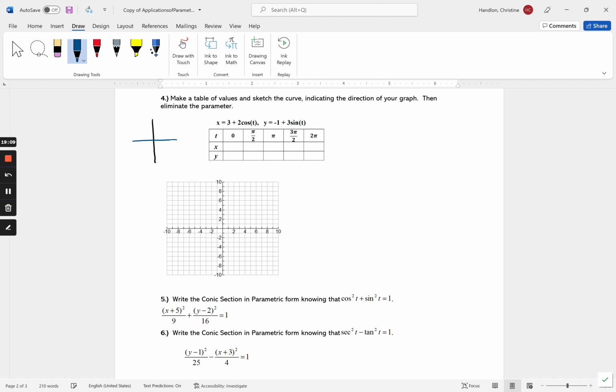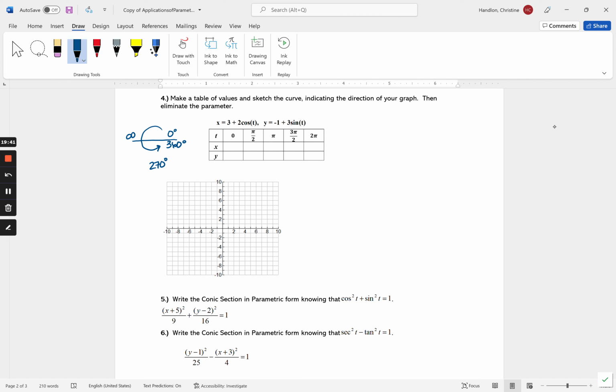Recall that if we rotated around the unit circle, we'd start here at 0 degrees, then go up to 90 degrees, 180, 270, and make our way back to 360. Okay, do you recall that?